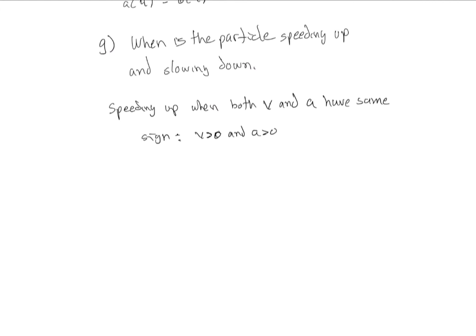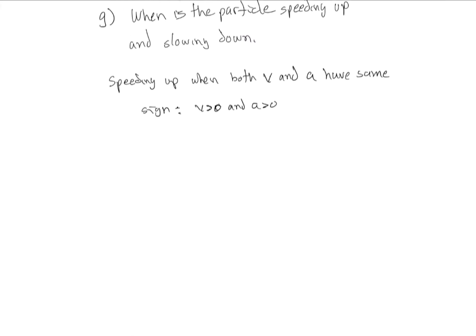Now, if we think graphically for a moment, right, what did these two equations look like? So we know that the velocity was 3t squared minus 12t plus 9. And we had found the velocity was 0 at 1 second and at 3 seconds. And we had determined that between 1 and 3, the velocity was negative.